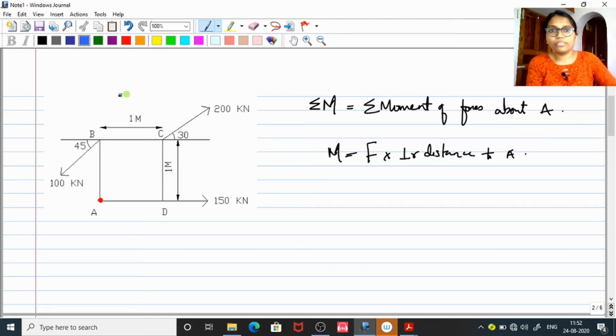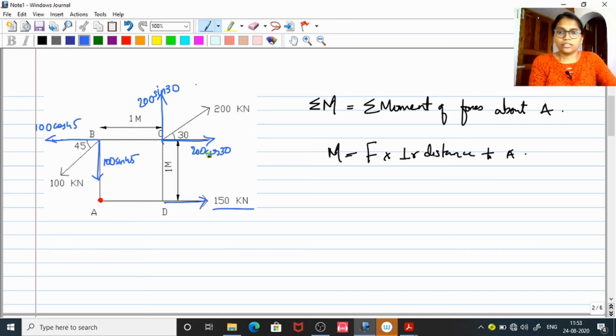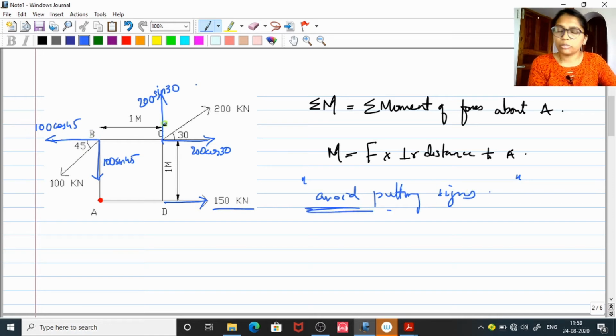I will draw every force resolved. So this is the diagram, and this time I have not put positive or negative signs. So while finding the moment, you just avoid putting signs.